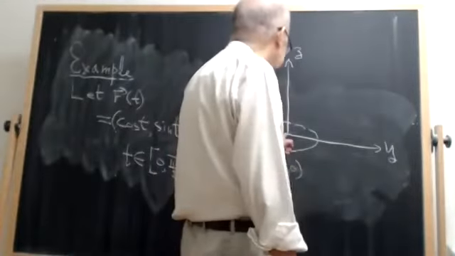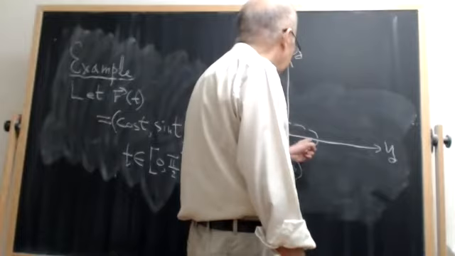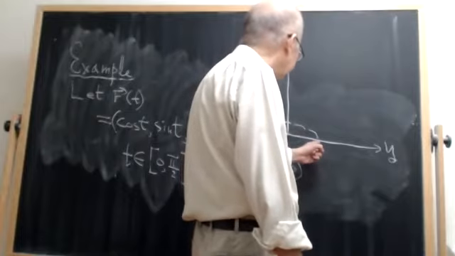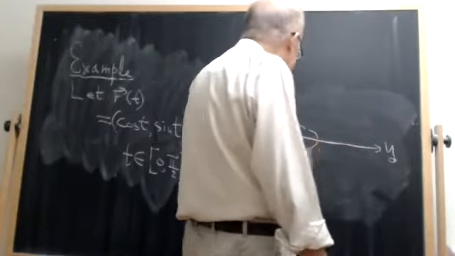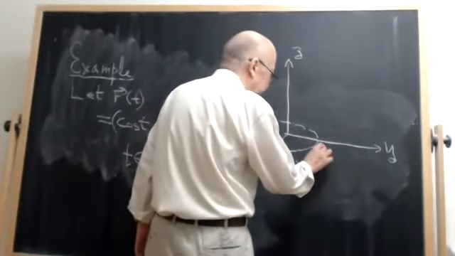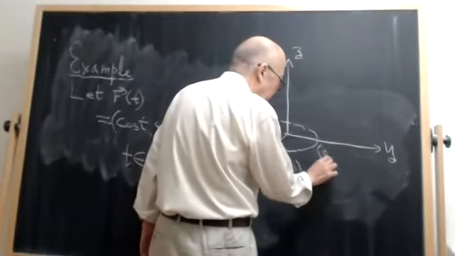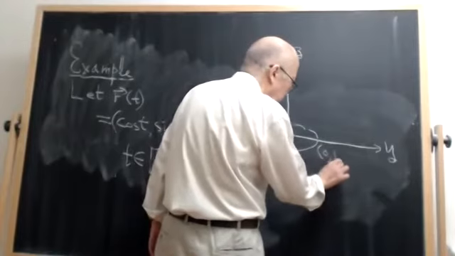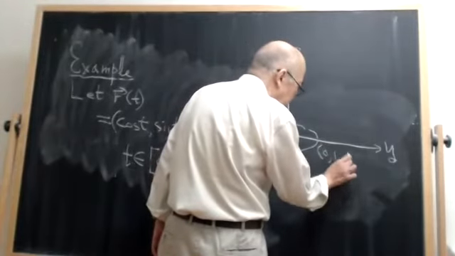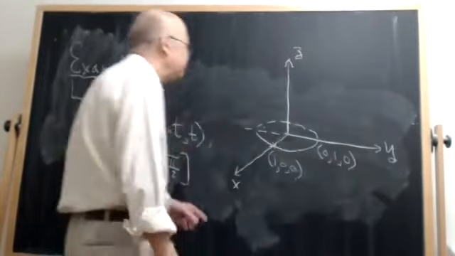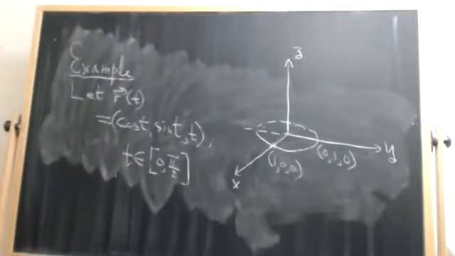Well, x is equal to 0, y is equal to 1, and z is equal to 0. Okay, so we have that.